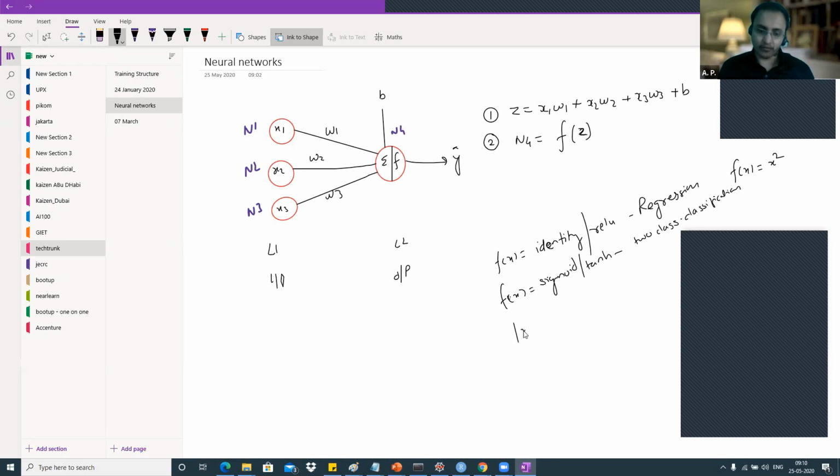And f(x), which is the activation function, would be softmax if you're solving a multi-class classification.